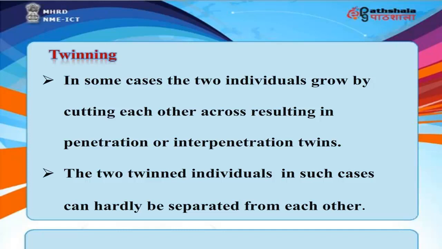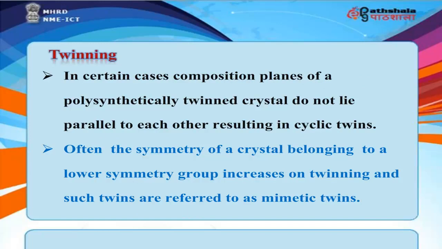The two twinned individuals in such cases can hardly be separated from each other. In certain cases, composition planes of a polysynthetically twinned crystal do not lie parallel to each other, resulting in cyclic twins. Often, the symmetry of a crystal belonging to a lower symmetry group increases on twinning, and such twins are referred to as mimetic twins.